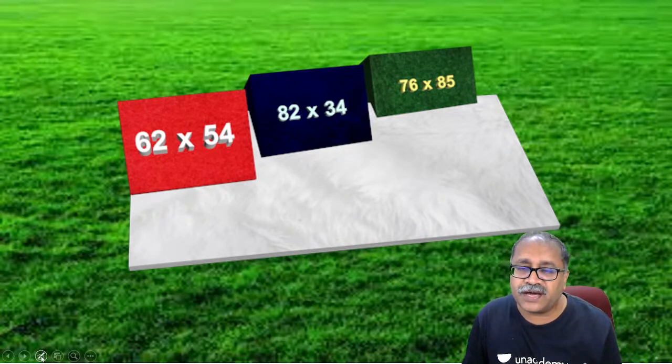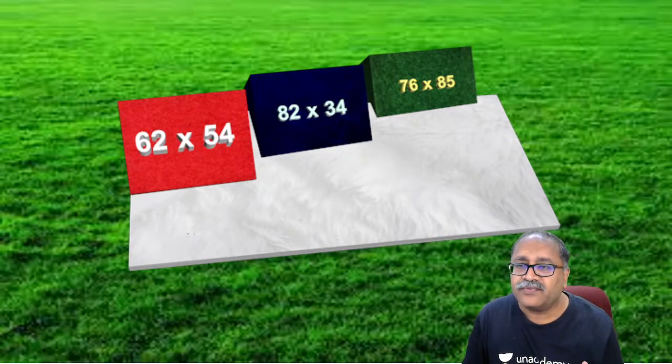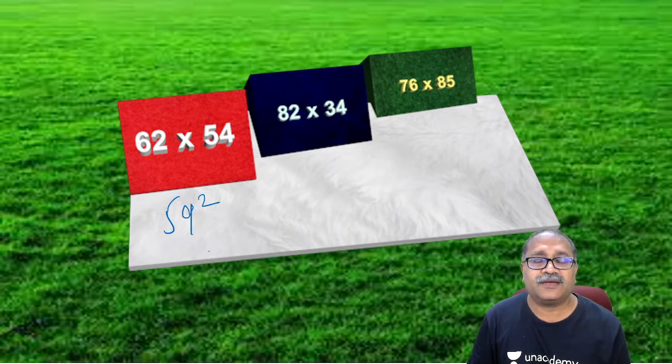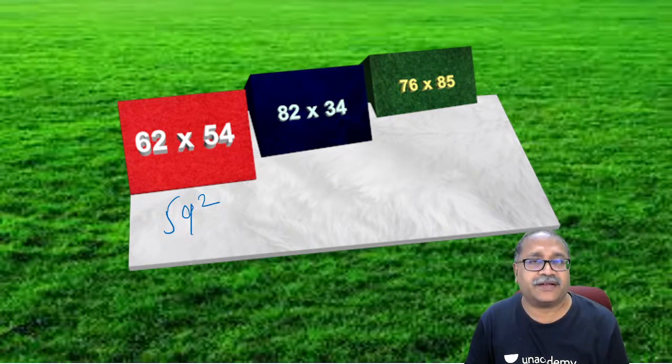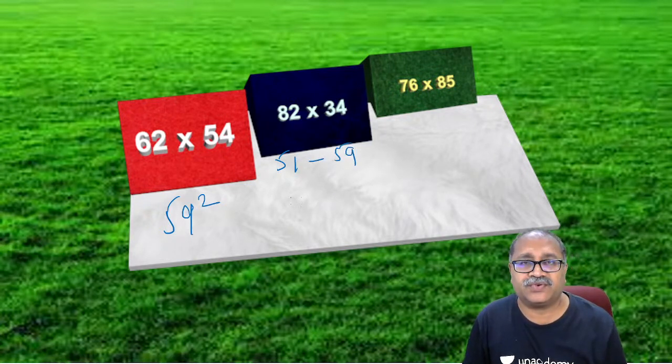Now if I ask you, what is 59 square? How do you do it? There is an easy method for that. For all the numbers from 51 to 59, we have a special approach.